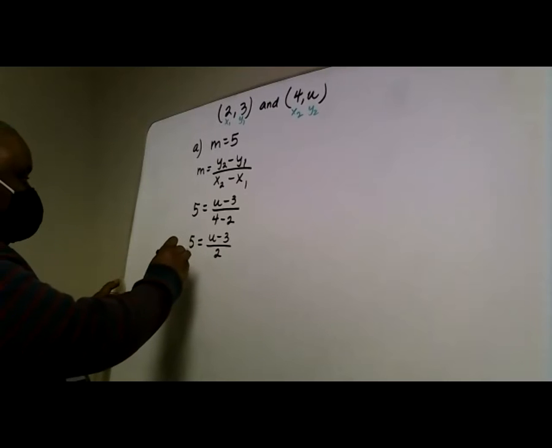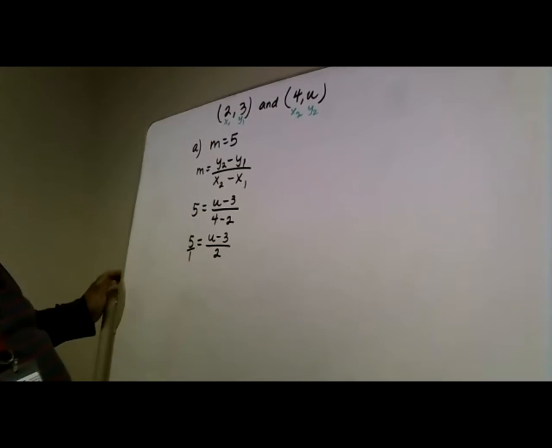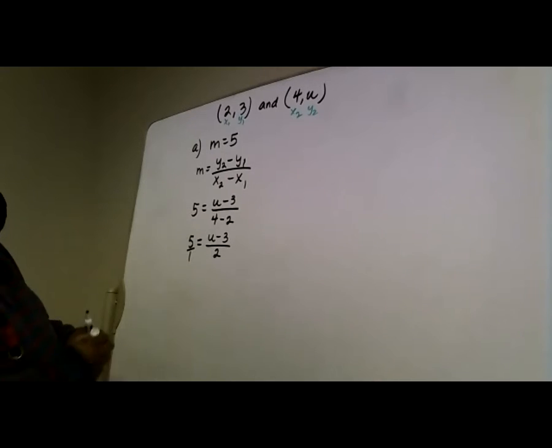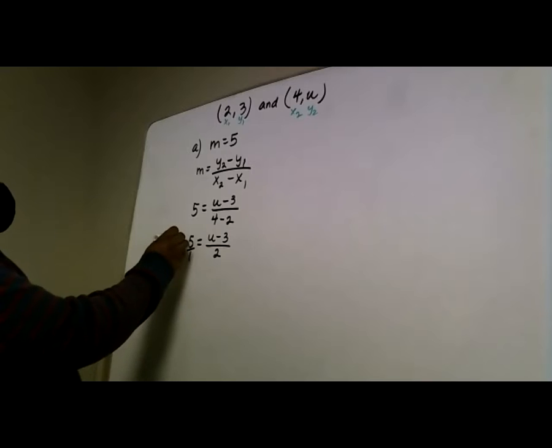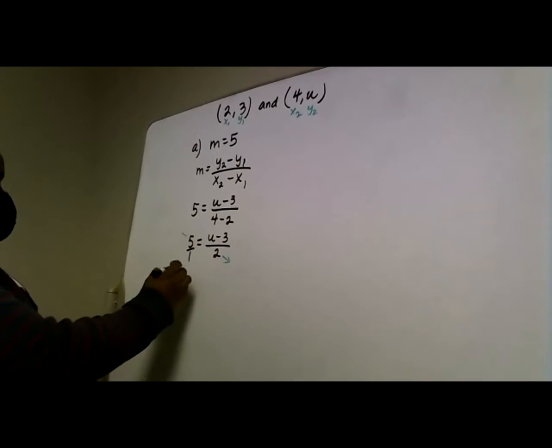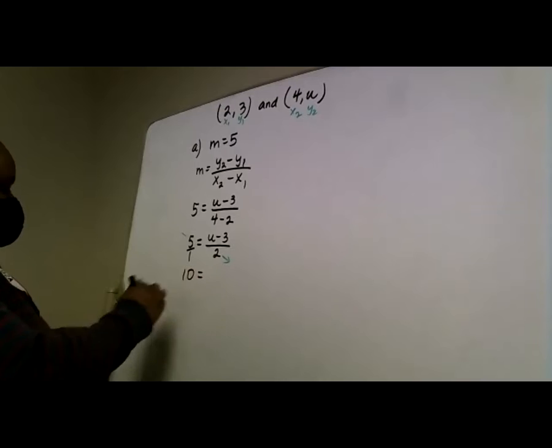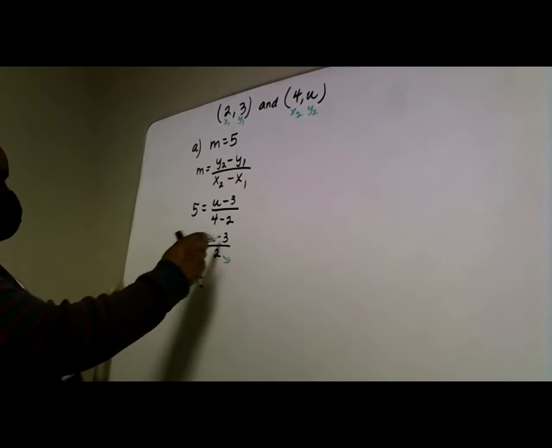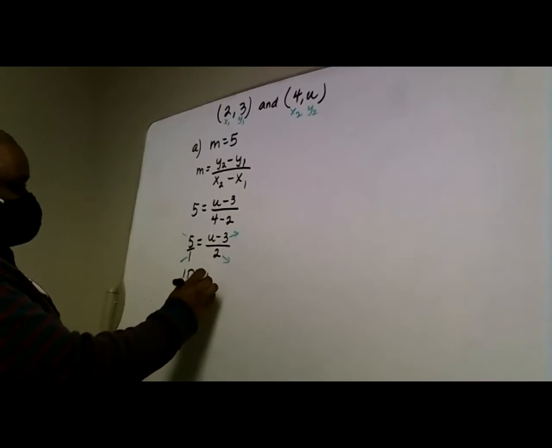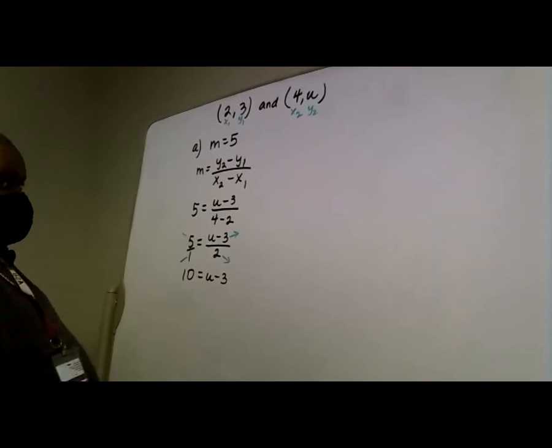And you know what I'm going to do here? I'm going to put that 5 as 5 over 1. And then we're going to do a little cross multiplication here. This 5 cross multiplied with the 2 would give us 10. And that's equal to the 1 multiplied with the u minus 3 is u minus 3.